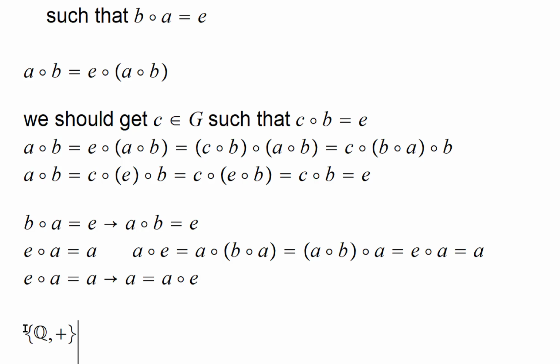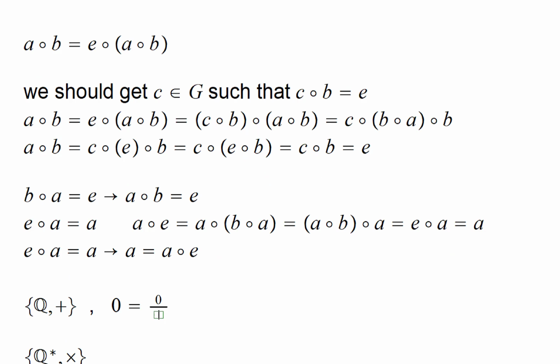Q, the set of rationals with respect to addition, is a group because 0 is the additive identity, and 0 can be seen as a rational number.